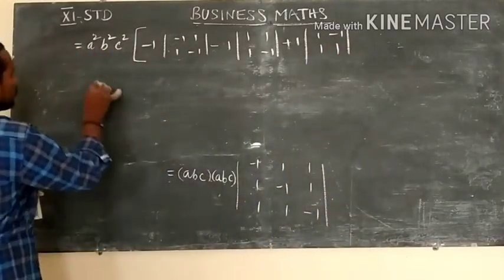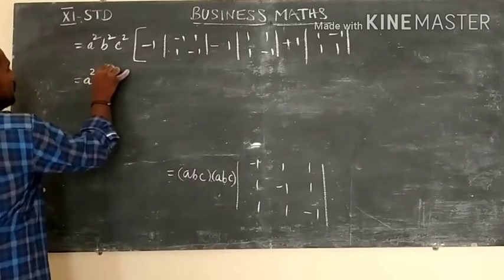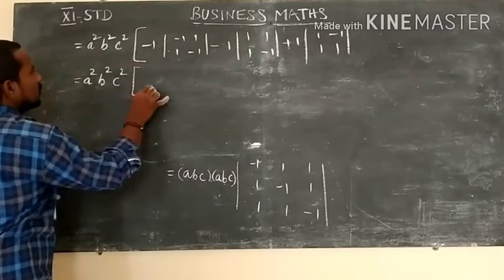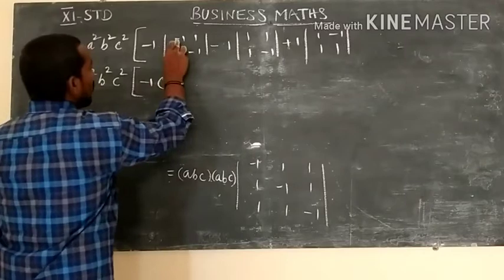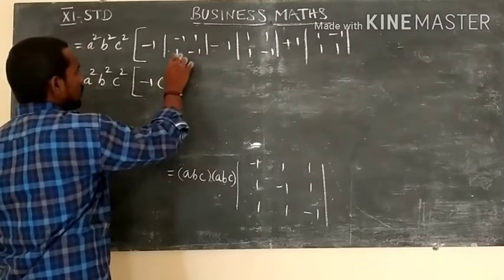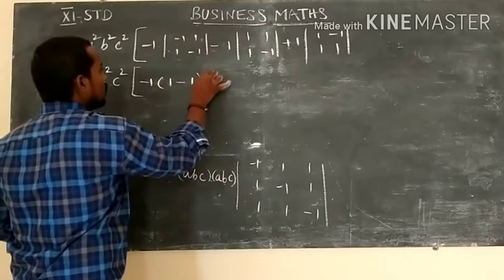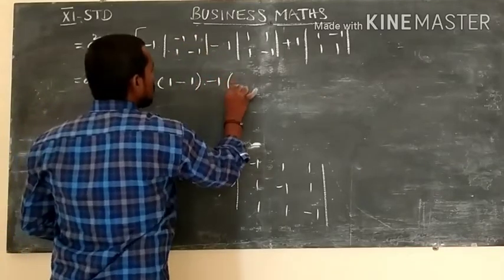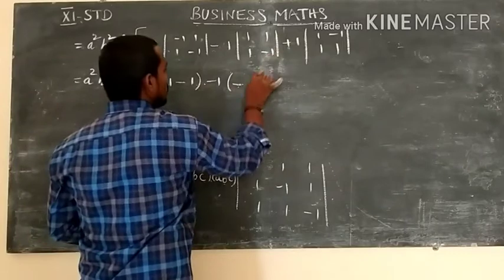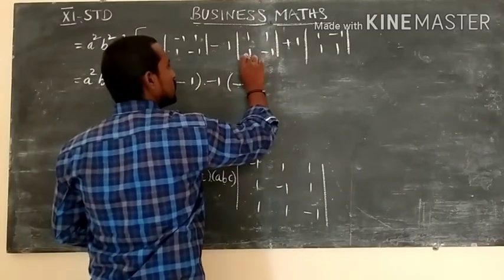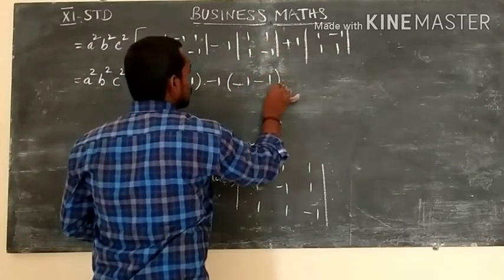This is equal to a square b square c square, minus 1 into (minus into minus is plus, 1 ones are 1, before that minus, plus into plus plus, 1 ones are 1). Then minus 1 into (minus into minus minus, 1 ones are 1, and minus, plus into plus plus, 1 ones are 1).